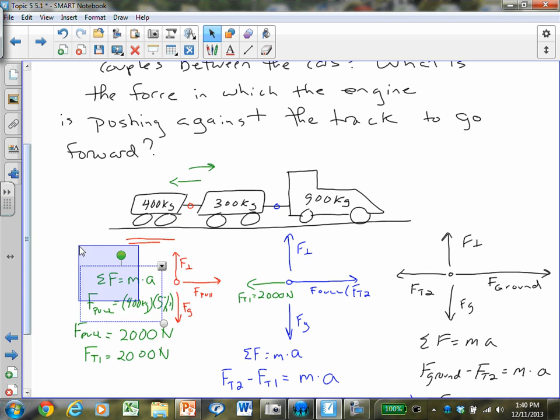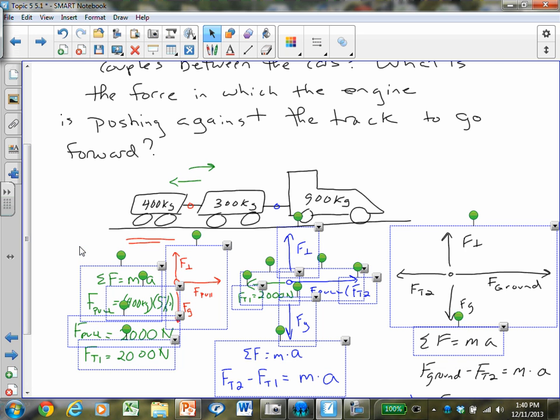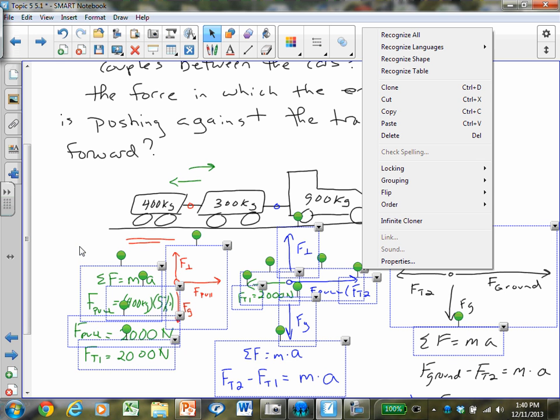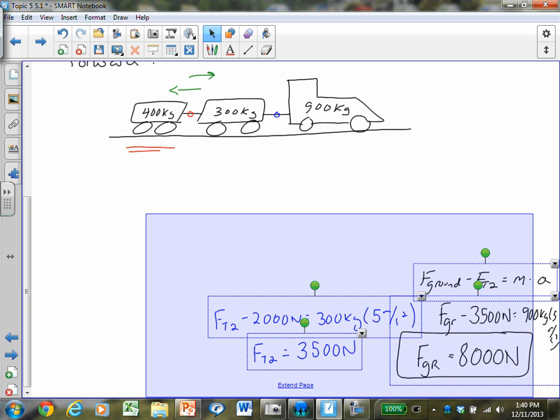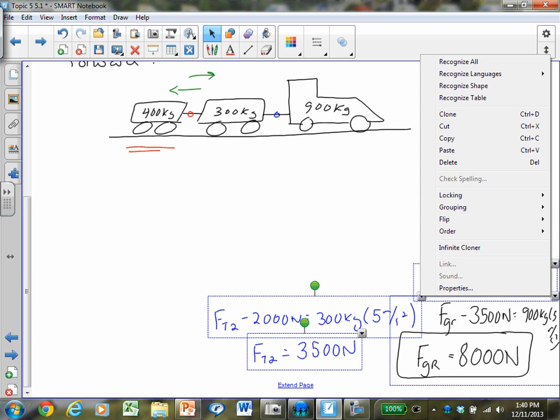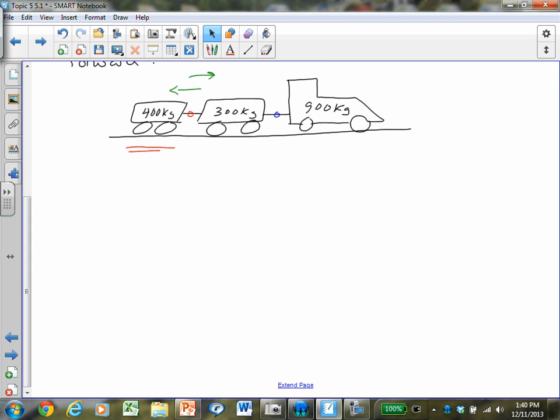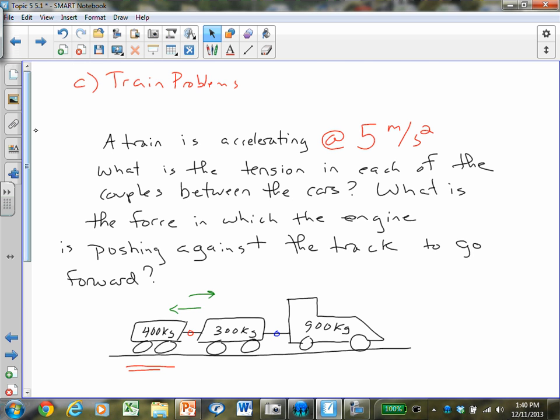This part here, I'm going to delete out. I meant to already. We're going to do all that now. And so in these train problems, there's very little friction between the car rims.